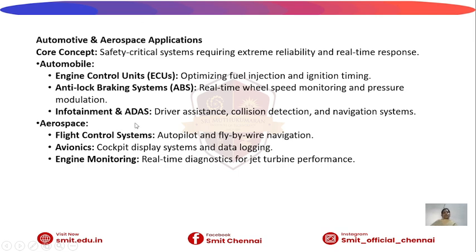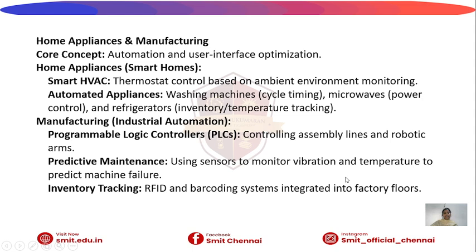Next is aerospace: flight control systems, avionics and engine monitoring. That includes autopilot and fly-by-wire, navigation and cockpit display systems, data logging, and engine monitoring with real-time diagnostics for jet turbine performance. Now home appliances and manufacturing.